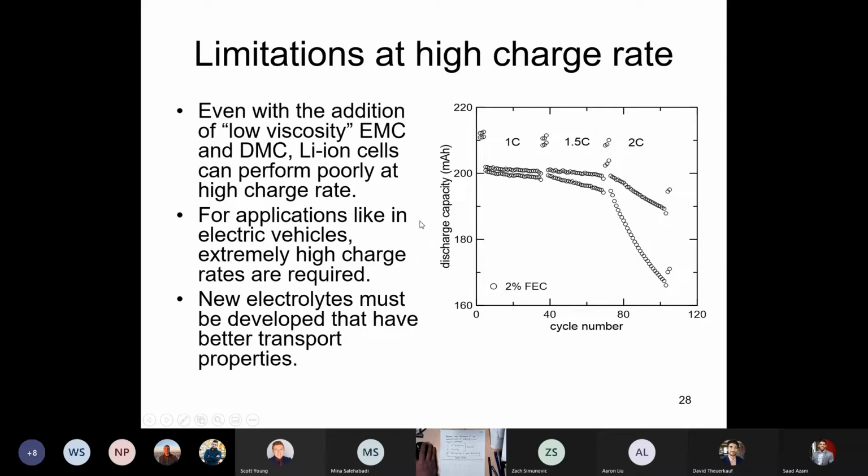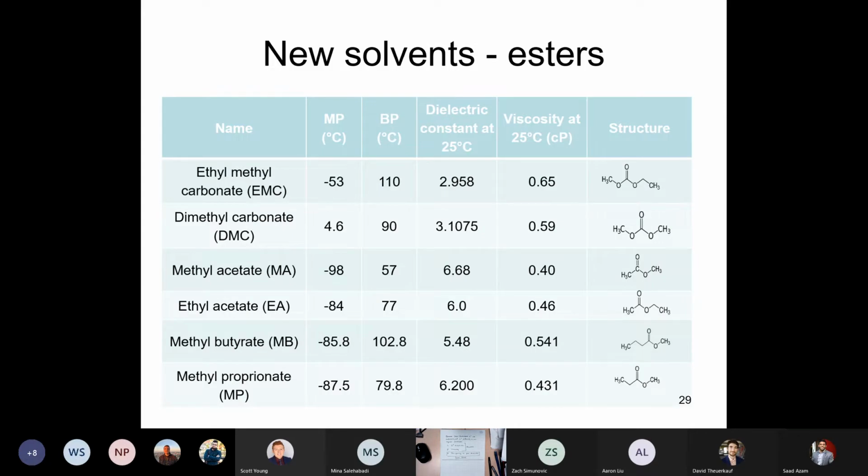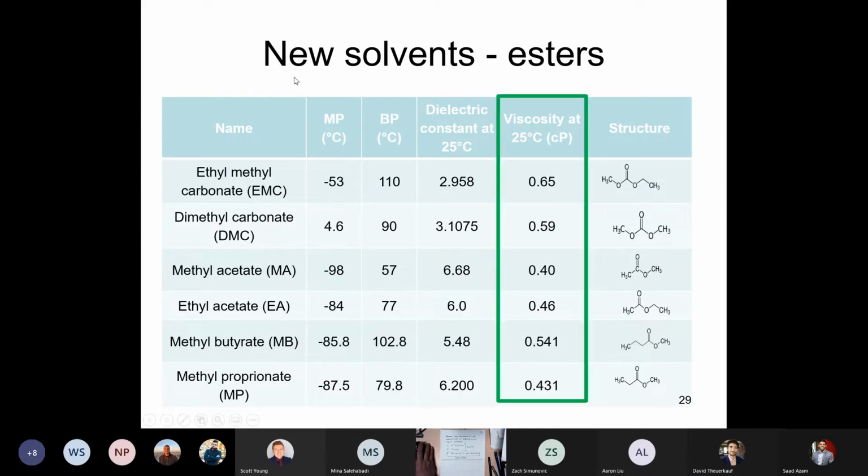So you have to develop electrolytes with better transport properties, and there's not too many things at your disposal, really. The factors that influence lithium-ion diffusivity are the concentration and the viscosity. So really you're faced with lowering the viscosity of the electrolyte, basically, is what you have to do. And this is where solvents like esters come into play.